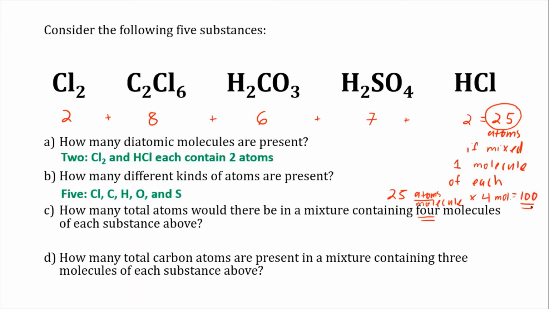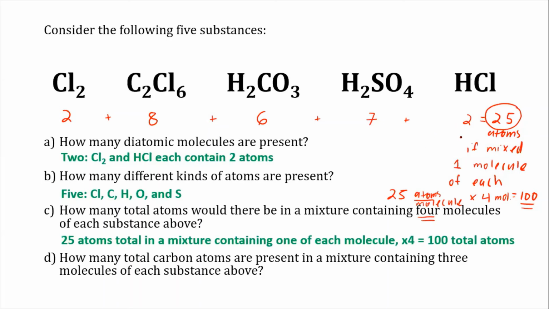So that's the total number of atoms you would have if you mixed 4 molecules of each of the above substances together. Another way you could do it, if it makes more sense to you, is each of these numbers here, you could multiply by 4 and then add up the sum of each of those multiplied by 4 individually.